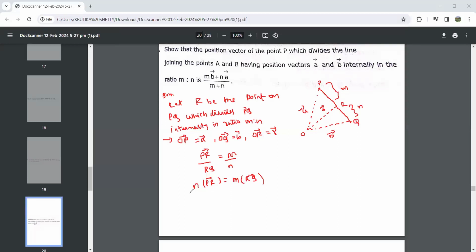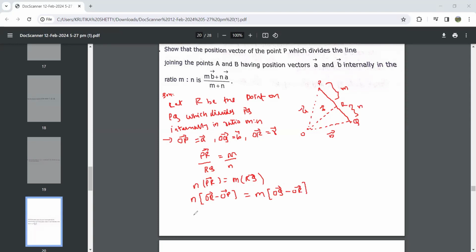PR can be written as OR minus OP, so this will be n into (OR minus OP) equal to m into (OQ minus OR).